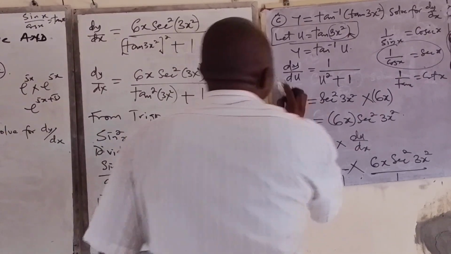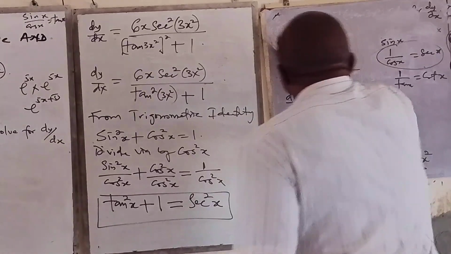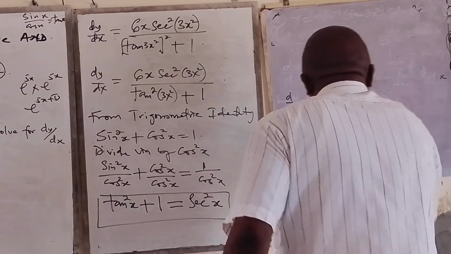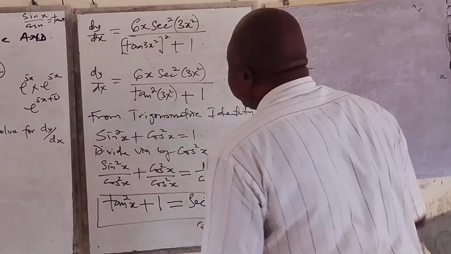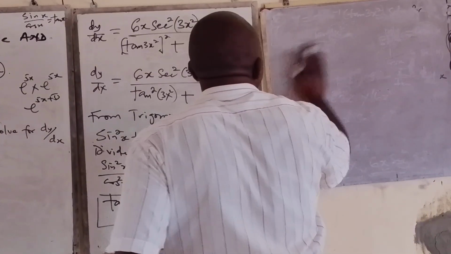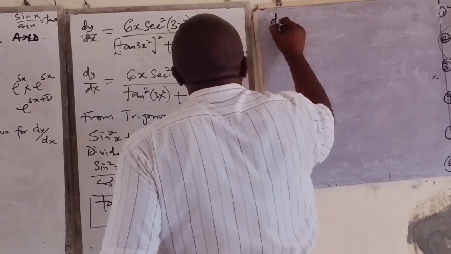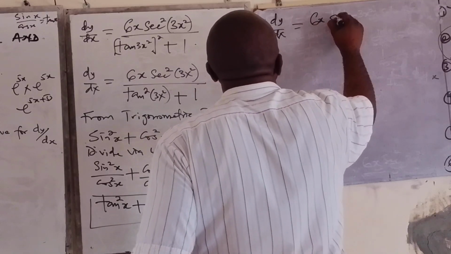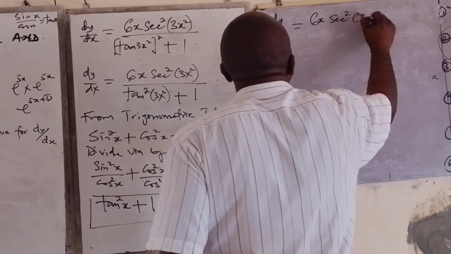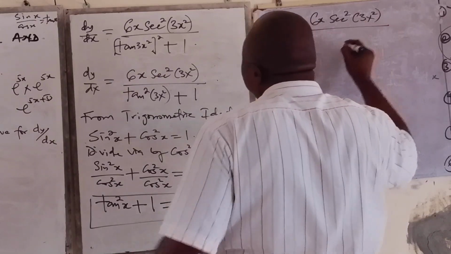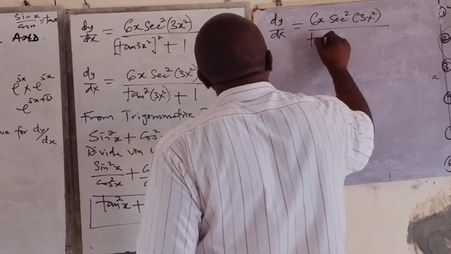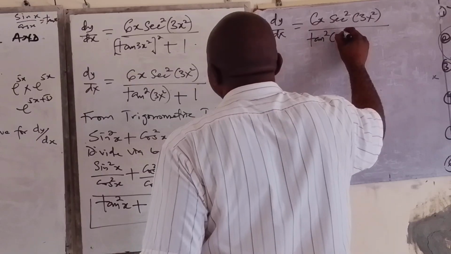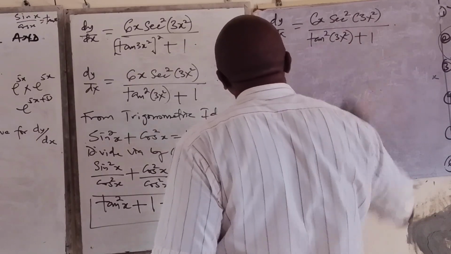So the value of dy/dx is 6x sec squared 3x squared all over tan squared 3x squared plus 1.